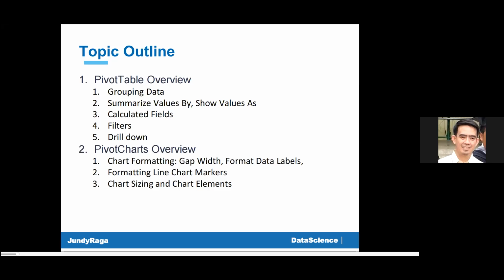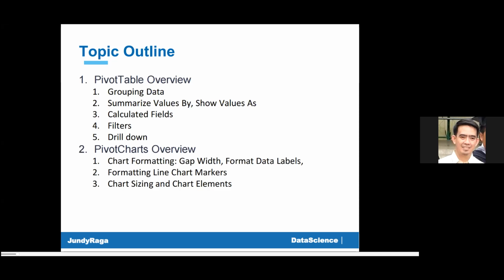But there is a way for us to get away with that and be able to create data products that are very simple to do and yet very powerful. The pivot table overview includes, first, grouping of data, and then summarizing values and showing values as. When we talk about summarization, are we going to compute for the sum?